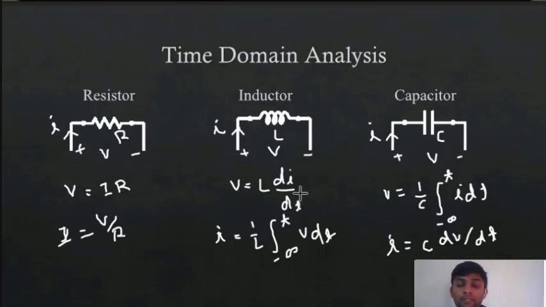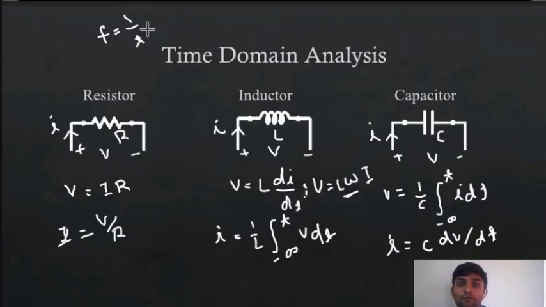And what is that dependence? For example, we can take this equation in the frequency domain, and in the frequency domain the equation is given by V equals L omega into I. And you all know the relation of frequency with respect to time: frequency is given by 1 by t.